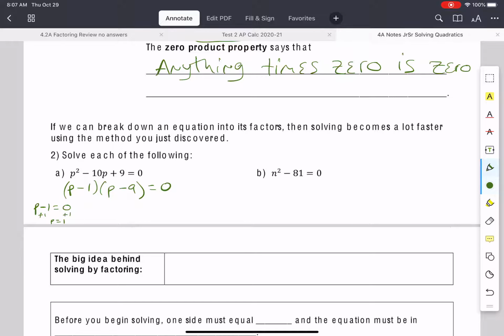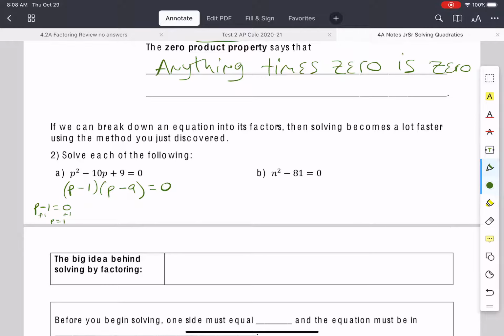What is it? 0. Because 1 minus 1 is 0, right?